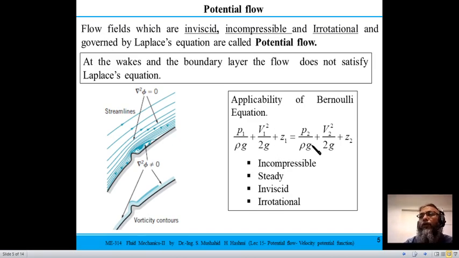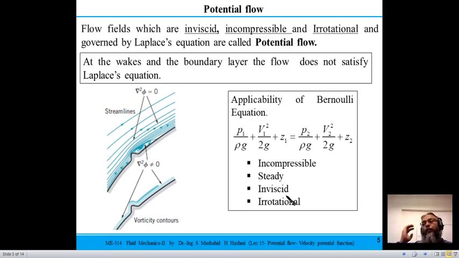Whenever you are using Bernoulli's equation, you are talking about potential flow, because it is irrotational, inviscid, incompressible, and in Laplace's equation you see that phi is changing with position but not changing with time. So if it is not changing with time, then it would additionally be called steady state.